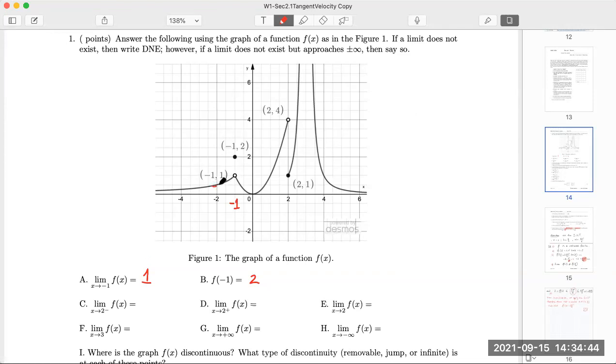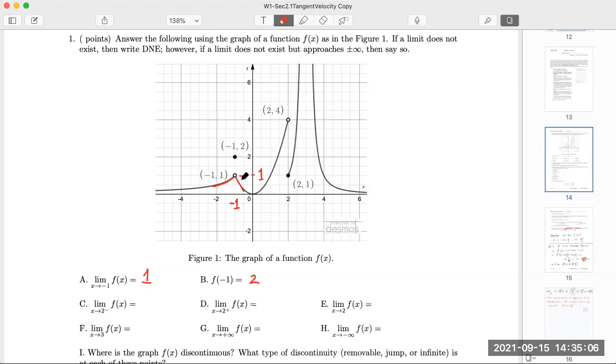If x is smaller than -1 or larger than -1, it will follow this path and come closer to this point, which projects to exactly 1 right here.